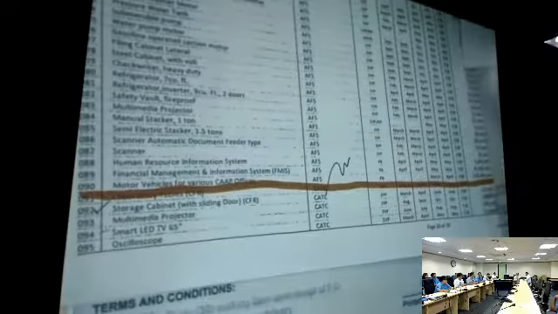Change of mode pa tayo. Si SBP yung nasa APP na sir. Pwede na.